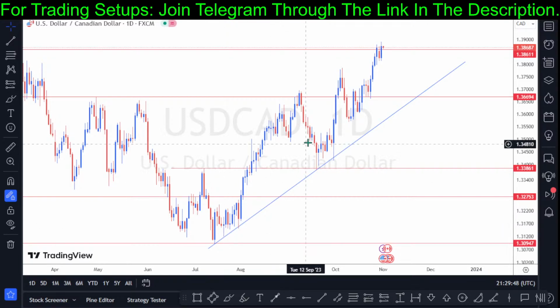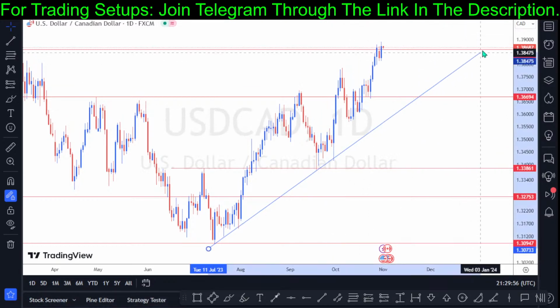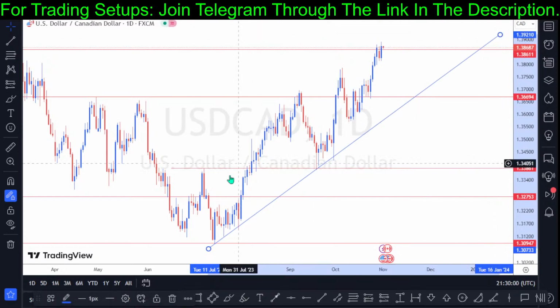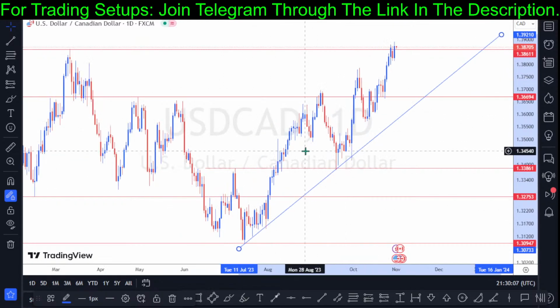So we can still tag this as a short term or as an intermediate trend, right? So this trend right now is going to like 4 months. So we have an intermediate bull trend.